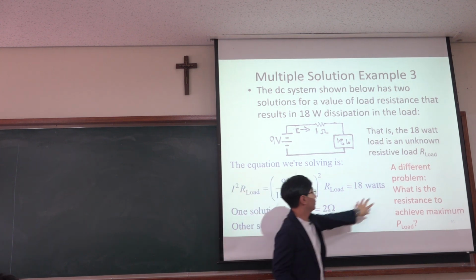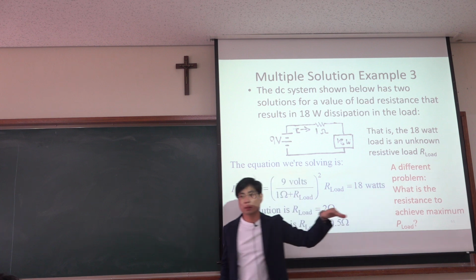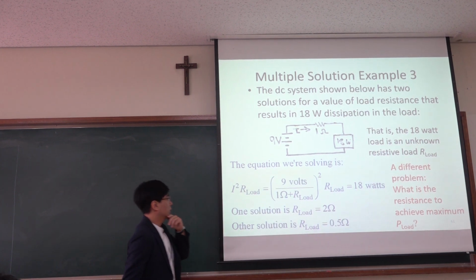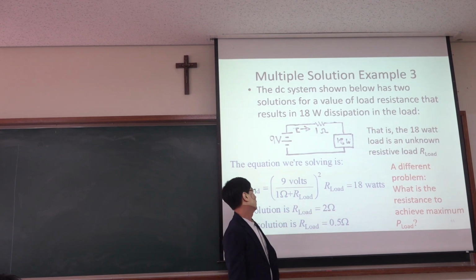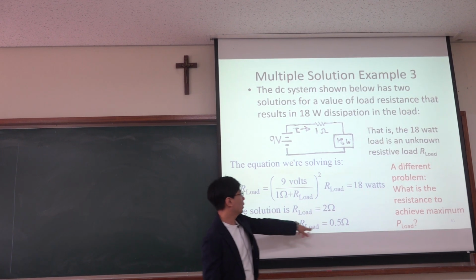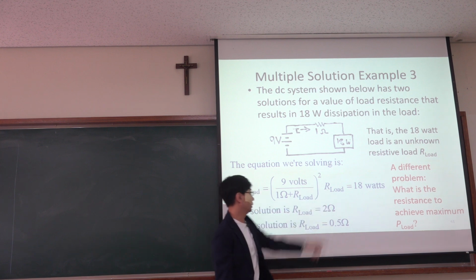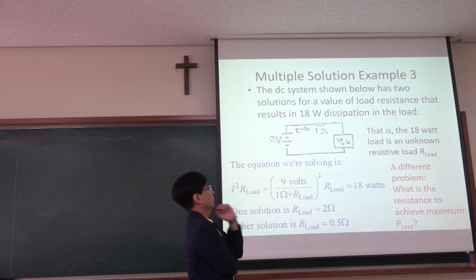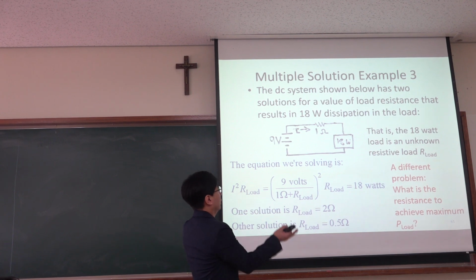So if you move that term here, this is a quadratic equation. And we have two solutions. One solution is when R equals 2, and the other solution is R equals 0.5. If you plug in these two values, you will get the same answer. Right? So another simple example of the nonlinear system.